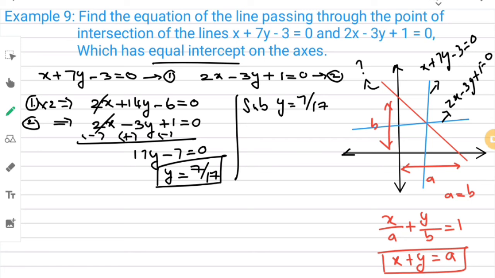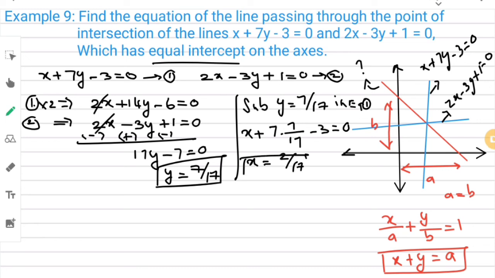I am going to substitute in equation 1. So x plus 7 into 7 by 17 minus 3 is equal to 0. On further simplification, you will get x is equal to 2 by 17.